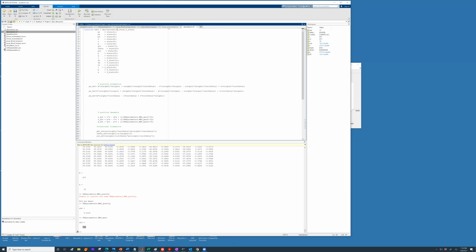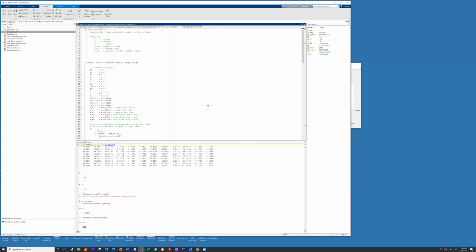Okay, let's look at the force moments SP3 function. What it's going to do is take the value of state, the values of the control variable, and the value of the wind vector. Wind vector is a 6 vector.